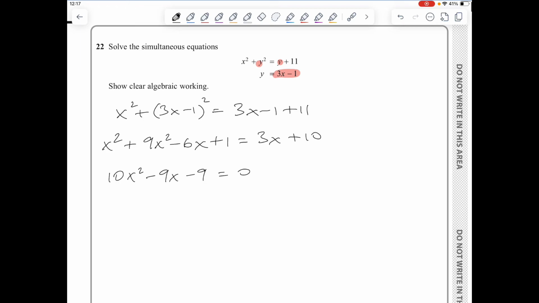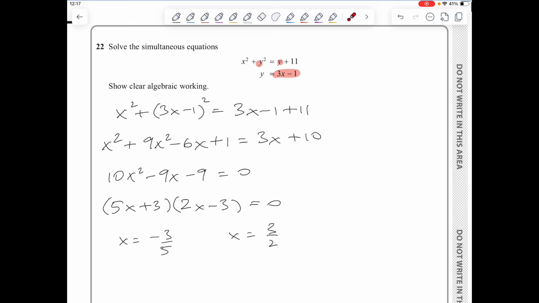And now I have to solve this quadratic equation. I will solve it using factorization, but if you want, you can use the quadratic formula. So 5x plus 3 times 2x minus 3 is equal to 0. So x is minus 3 over 5, or x is equal to 3 over 2.